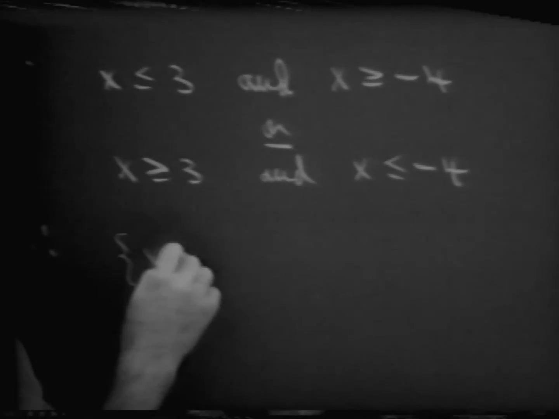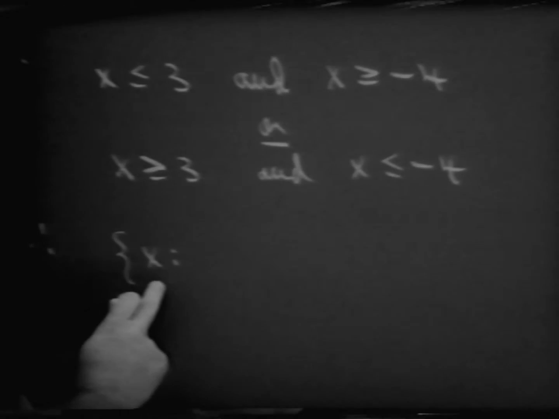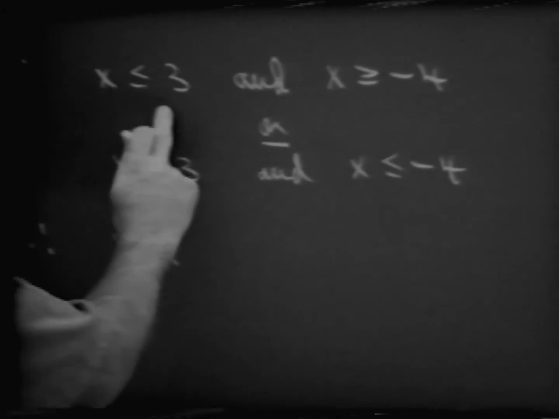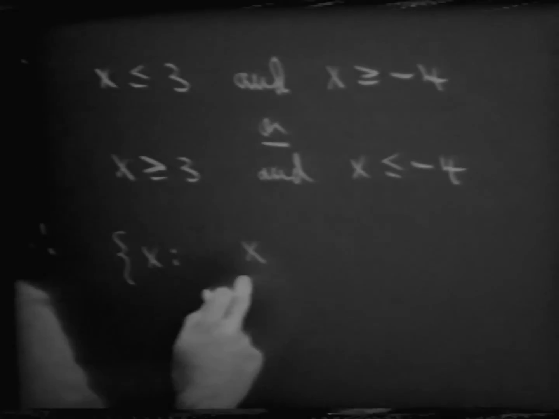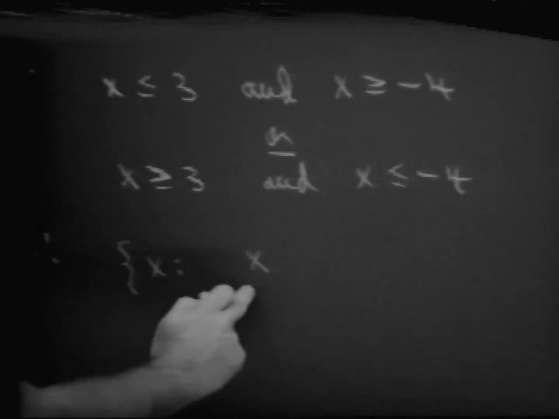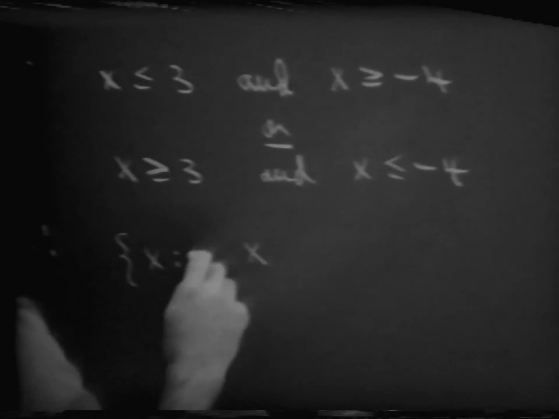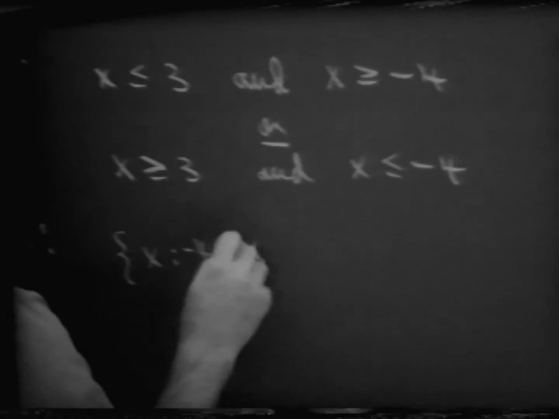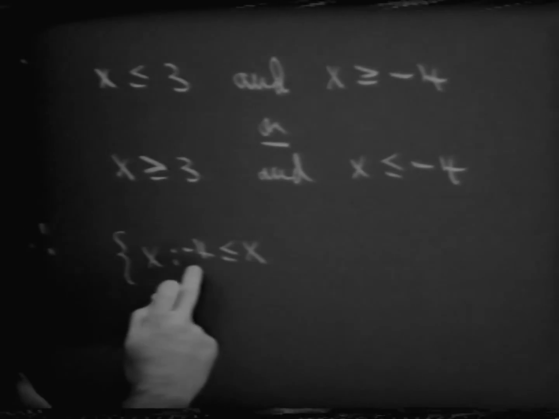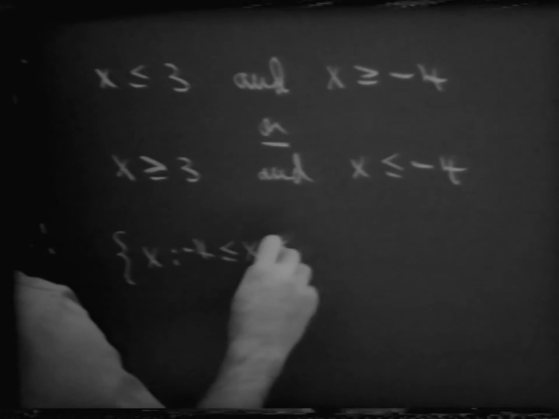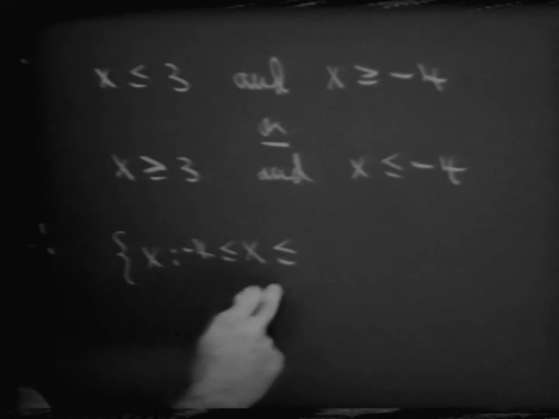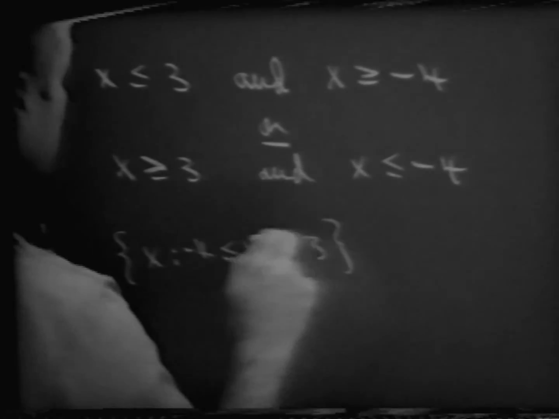I think you will agree we may say it is the set of all x's such that, and may we write this in a slightly different pattern with the number x between something, and between what two numbers? Between negative 4 on the left, is that right? X is greater than or equal to negative 4, and x is less than or equal to 3 will be this statement.